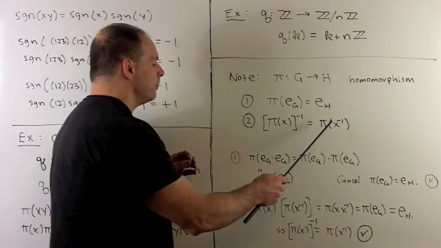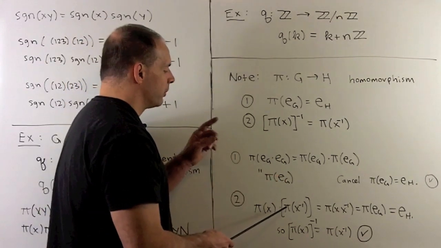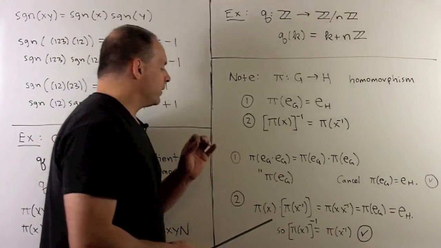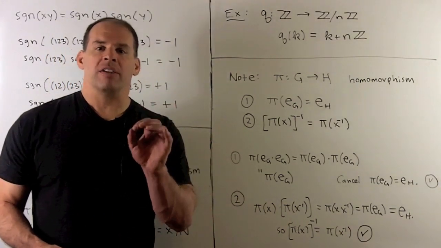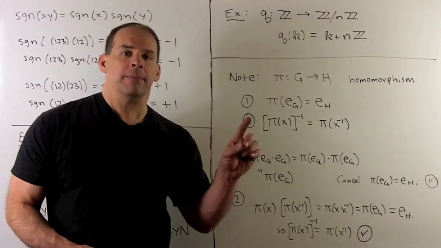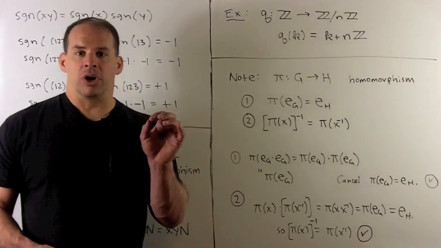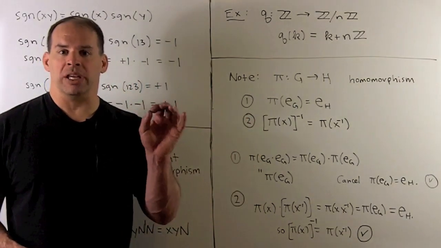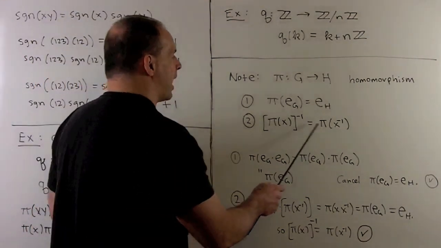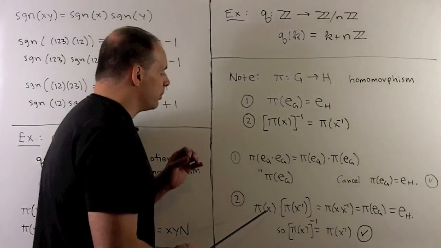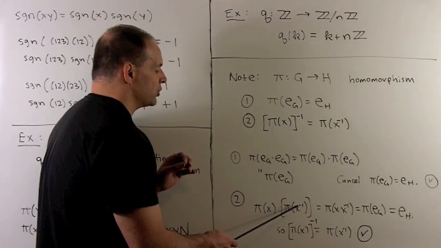For the second one, we're going to use our trick, which is if I want to know the inverse of pi of x, I look for some y in the group such that pi of x times y is the identity, then that's going to be our inverse. The inverse is going to be unique, so it has to be y. So our guess is pi of x inverse, so I'll multiply pi of x times pi of x inverse.